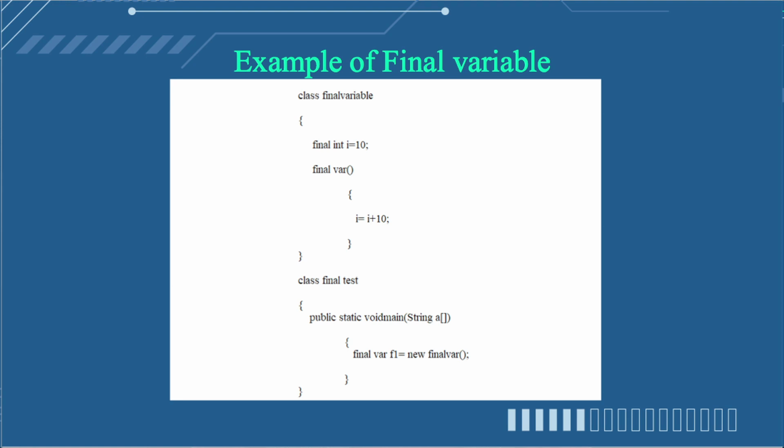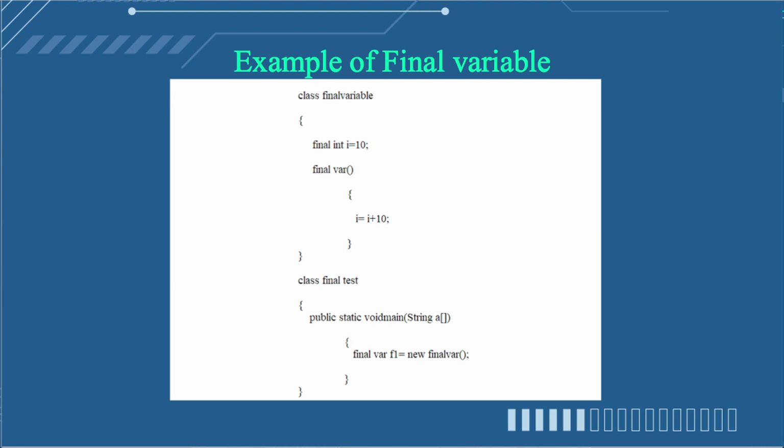In this program, I have called the constructor in the main method. When we compile the program, it will try to change the value of the variable I, and it will show an error because we have declared the variable as final. So, this is the example of declaring a variable as final.